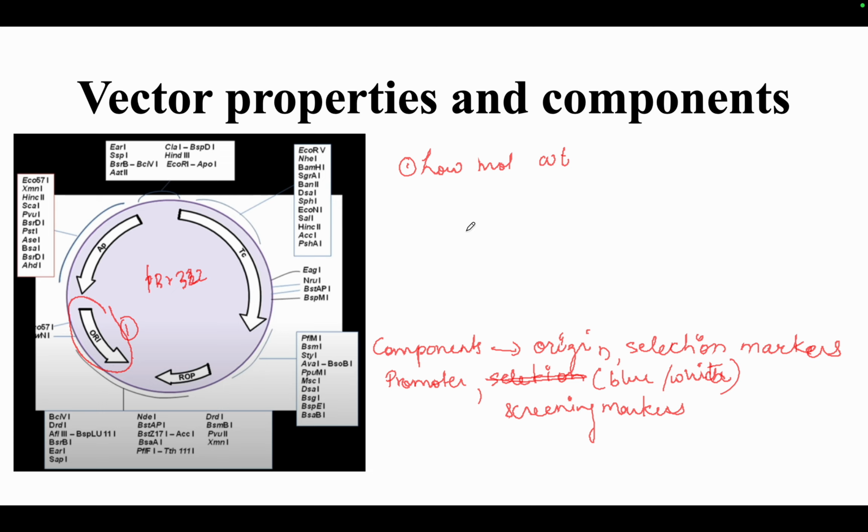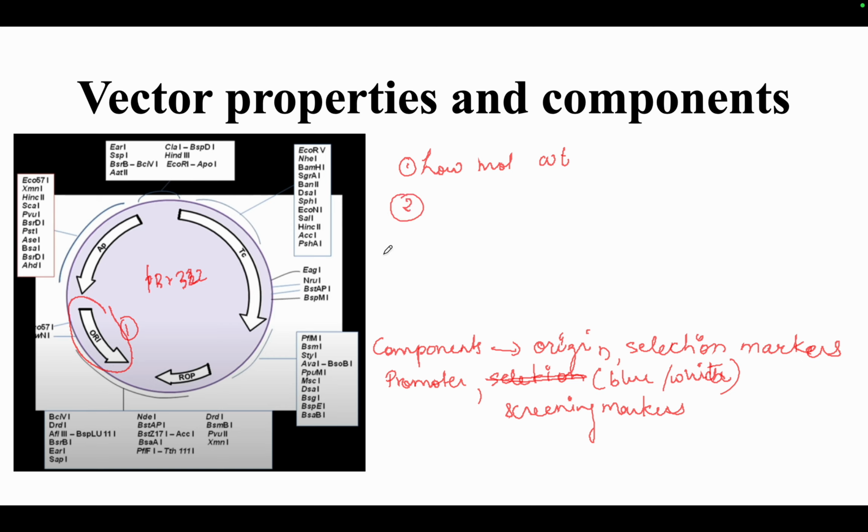Okay, so what are the properties of vectors? That it should contain all these components and it should be low molecular weight. Okay, it should not be very high molecular weight, so that it might not reduce our gene of interest capacity. We need to also put our gene of interest, and if the vector itself is of high molecular weight, then the whole plasmid will be of high molecular weight, so that will restrict the gene fragment size that we want to put in.